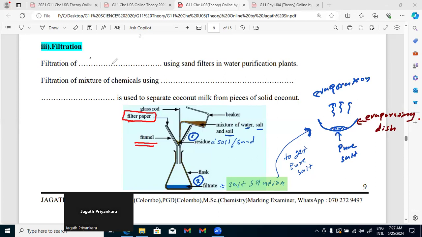Filtration of impure water or polluted water, for example in a water purification plant.